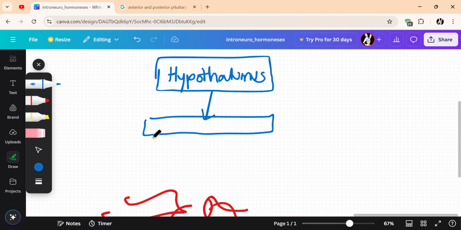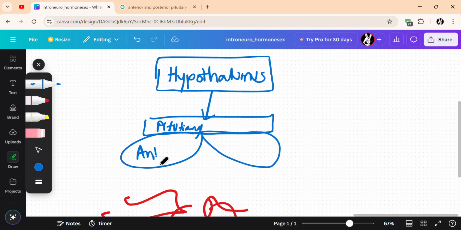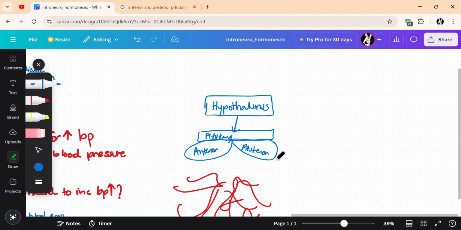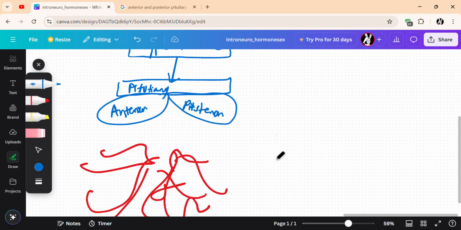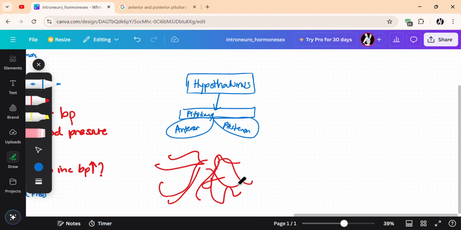Well, specifically the anterior pituitary. But let's write pituitary, and I can be talking either to anterior or posterior. So I'll write anterior pituitary, and this is posterior.